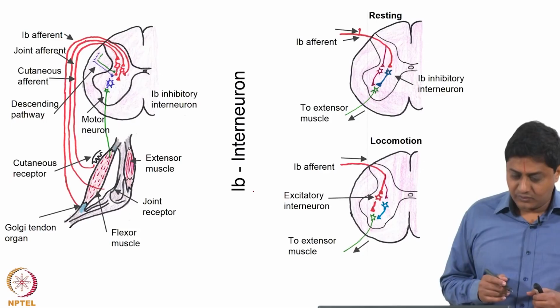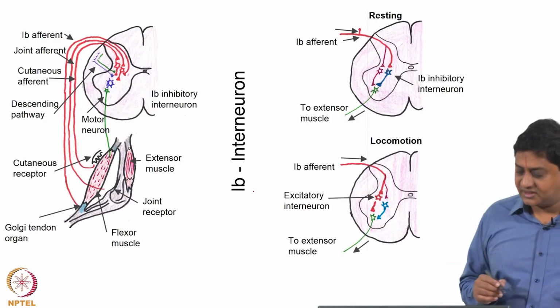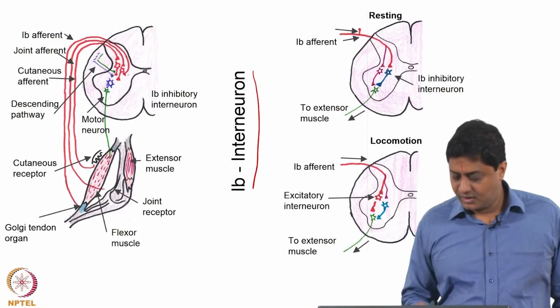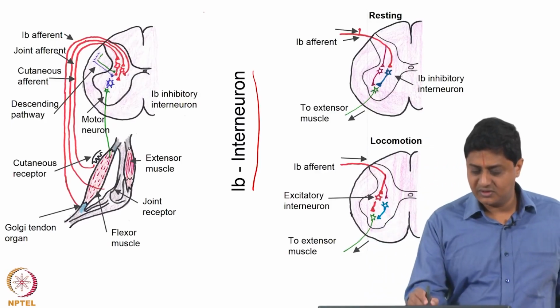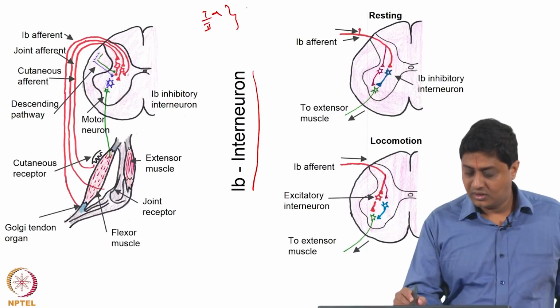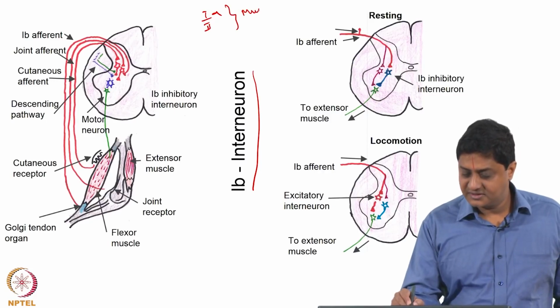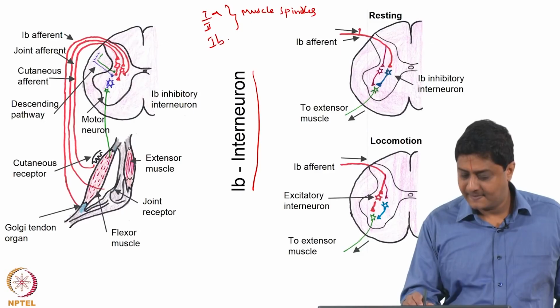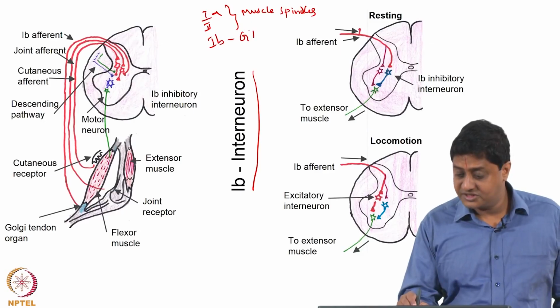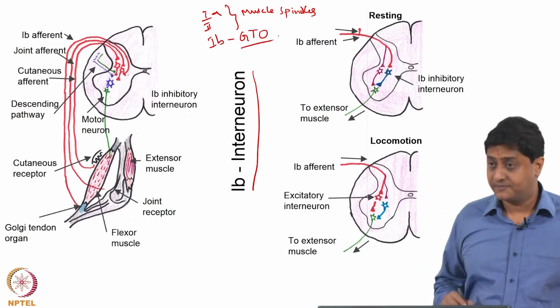And what is not discussed is the case of 1B interneuron. Let us remind ourselves what these are. 1A and 2 are from muscle spindles, and 1B is coming from Golgi tendon organs.